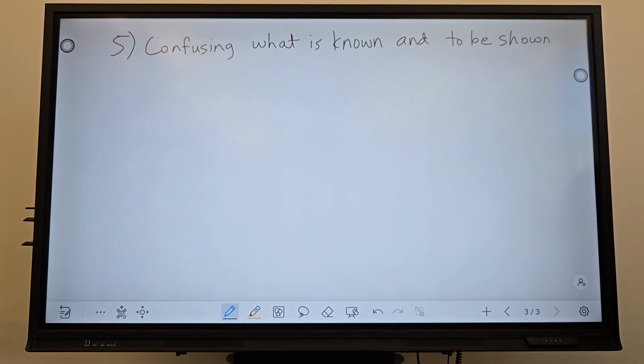A more subtle way to jump to a conclusion occurs when the conclusion is restated using a variable. Here is an example of a proof that the product of any two odd integers is odd. Suppose that m and n are any two odd integers. We must show that m times n is odd.